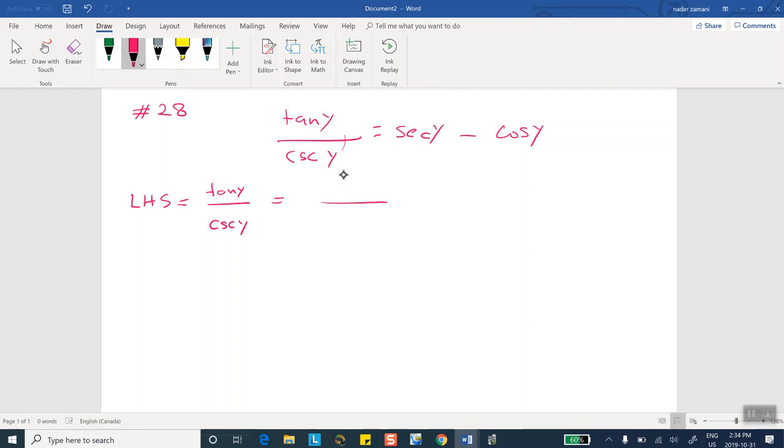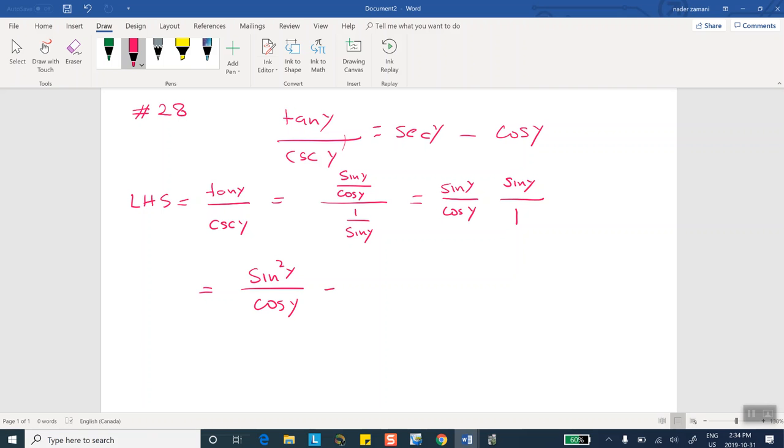Now, tangent of y is sine of y over cosine of y, and cosecant is 1 over sine of y. Now, we have the ratio of two fractions, so we know how to handle it from grade school arithmetic. Sine y times the reciprocal of this, and this is equal to sine squared y over cosine of y.